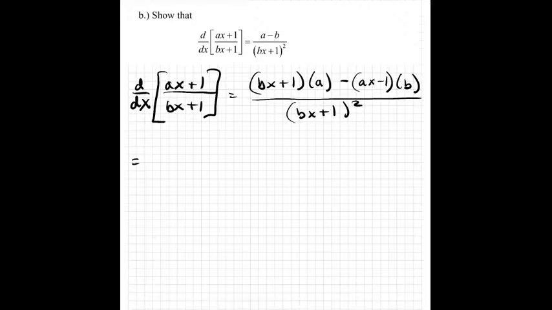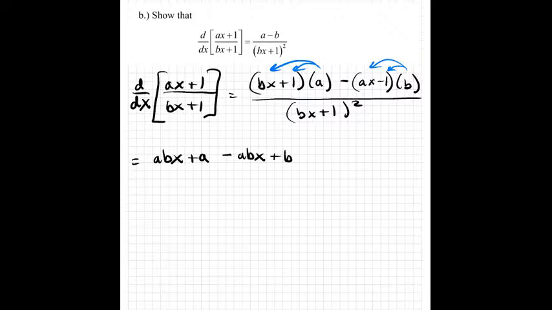So then here we can distribute the a, and we can distribute this. It's really a negative b I'm distributing in that second part. So the first part is going to give us abx plus a minus abx plus b.